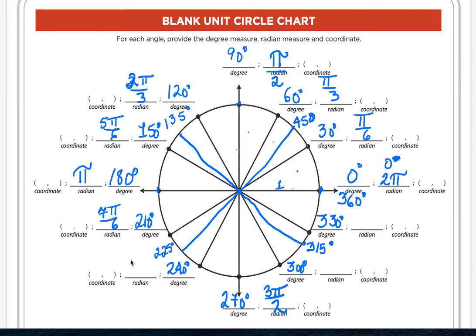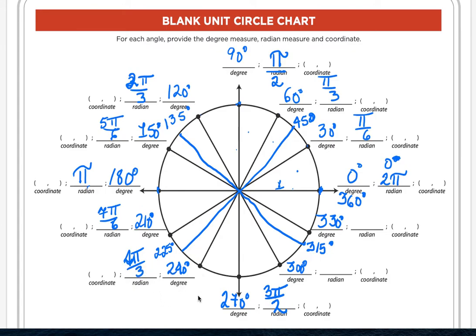I'm sorry, this is 6 pi over 6. 7 pi over 6, right? 8 pi over 6. Okay, which is going to be 4 pi over 3. Yeah, divide by 2, divide by 2.